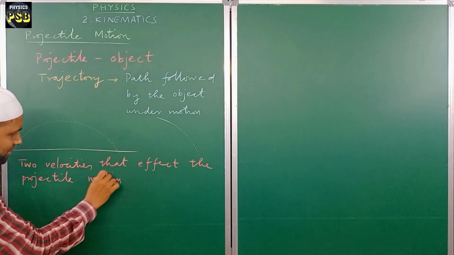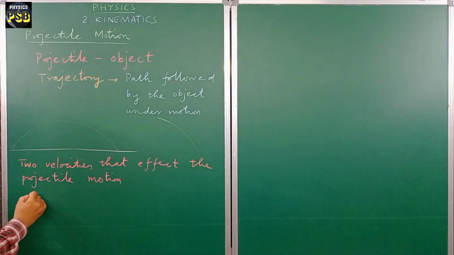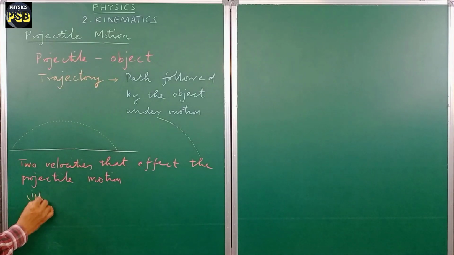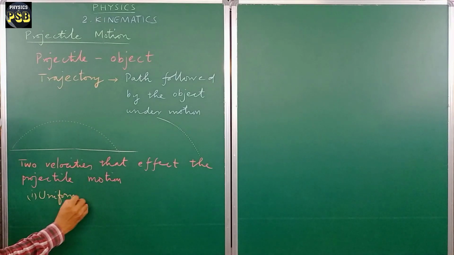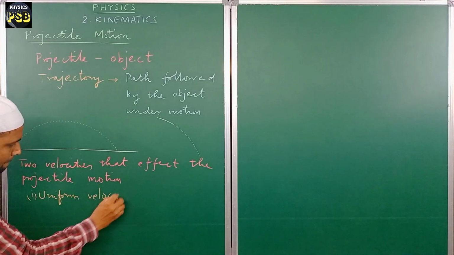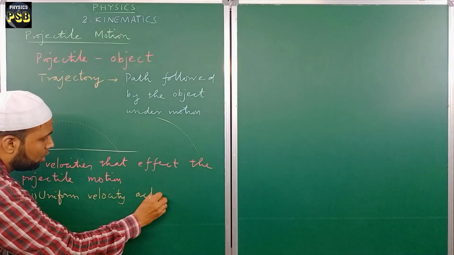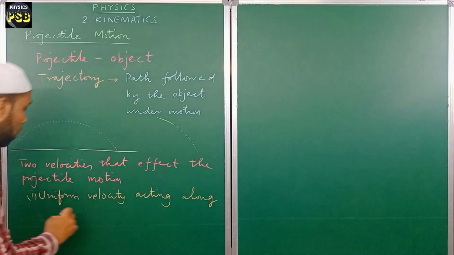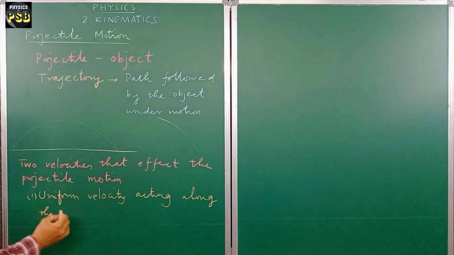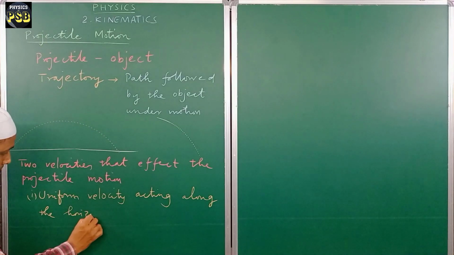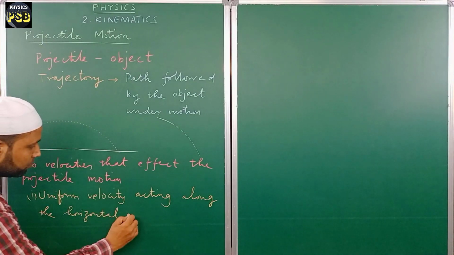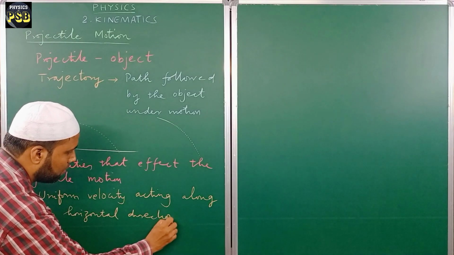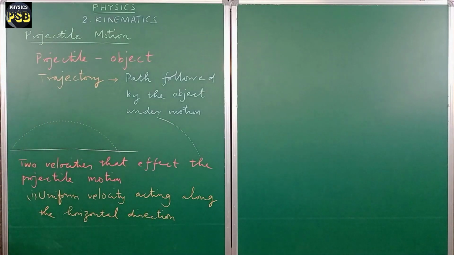The first one is the uniform velocity acting along the horizontal direction. And the second is nothing but the uniformly changing velocity acting along the vertical direction.